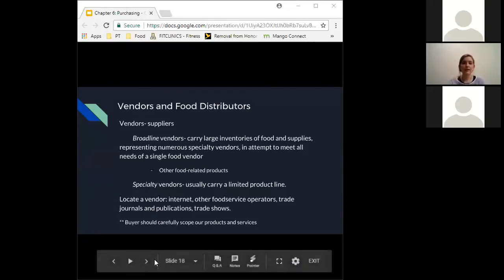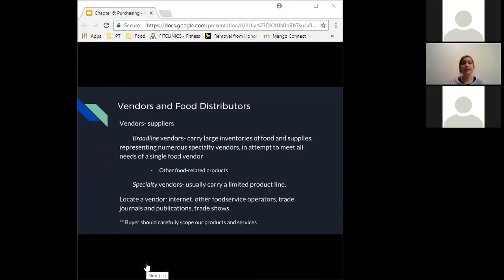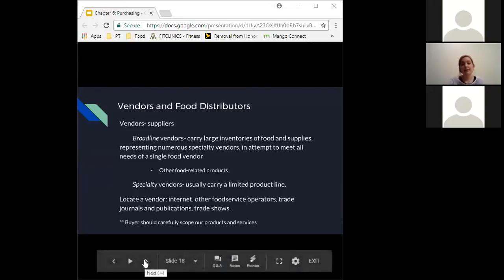They also like to carry chemicals, paper products, and equipment. Vendors can be located through the internet, other food service operators, trade journals, publications, and trade shows. The buyer should carefully evaluate the scope of products and services by making inquiries into the vendor's product line, available services, and reliability in meeting contract specifications.